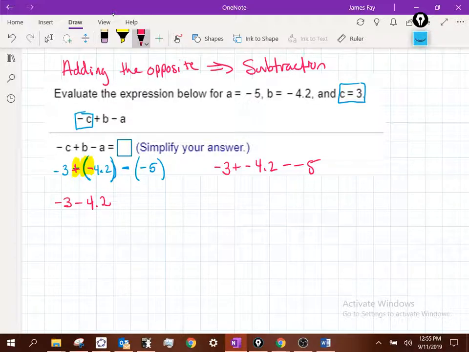Now, if I subtract the opposite of something, what's that the same as? That's the same as adding, good. So when I see a negative followed by a negative, I'm going to change that to a plus. Now that makes it a little bit simpler, right?